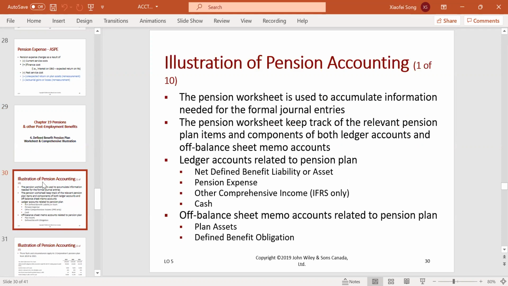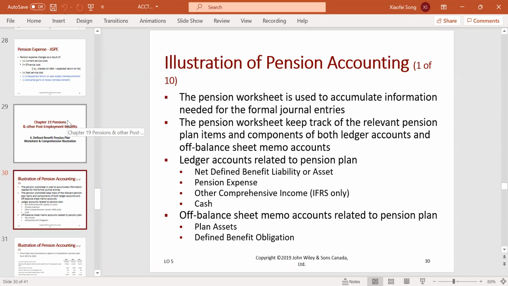Okay, just some preliminaries on the worksheet. The pension worksheet is used to accumulate information needed for journal entries. It keeps track of all the relevant changes in the components of both the ledger accounts and memo accounts.